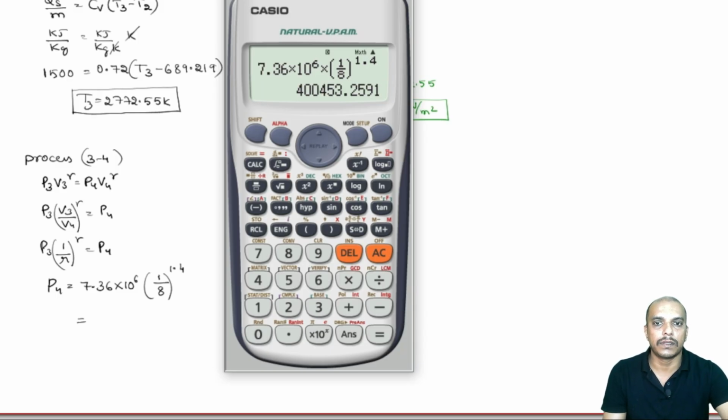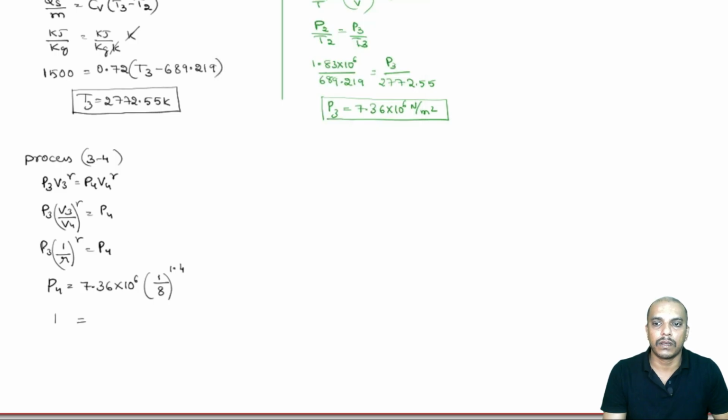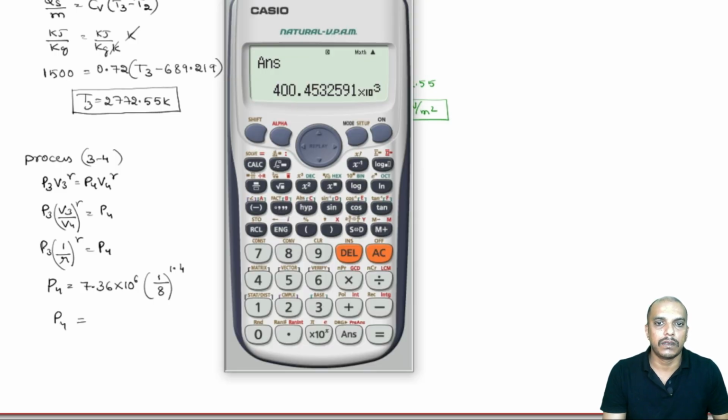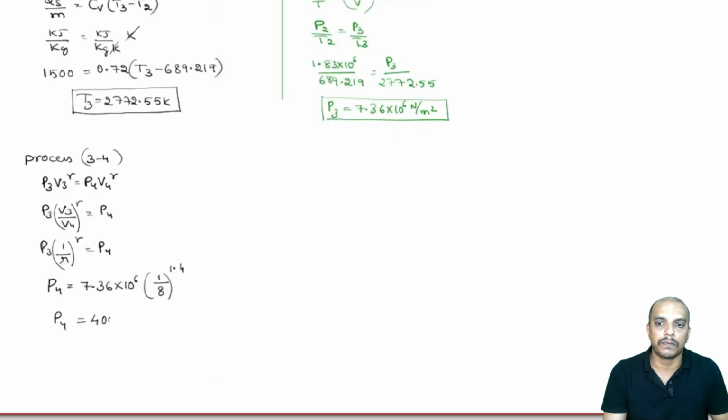That will give us the answer: 400.45 into 10 power 3 Newton per meter square. So P4 we have found out.